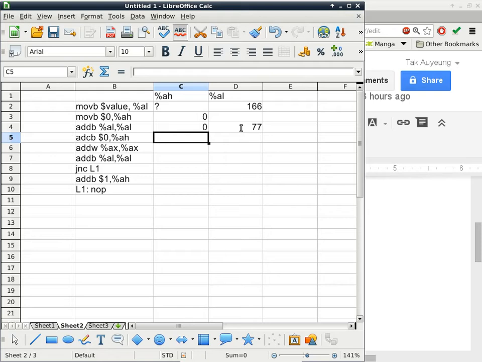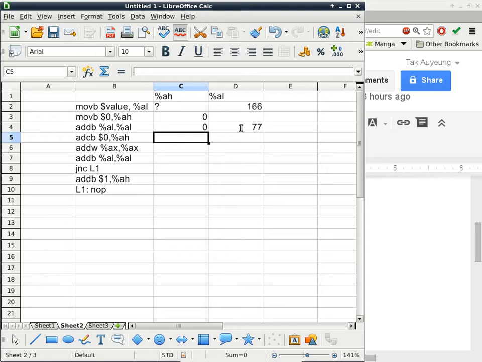The next instruction is add with carry. So the question now is, is the carry flag set after add B AL? It is set, and it is applicable because this is add with carry byte, which means it is like a regular add instruction, but the carry flag is also a part of the equation.